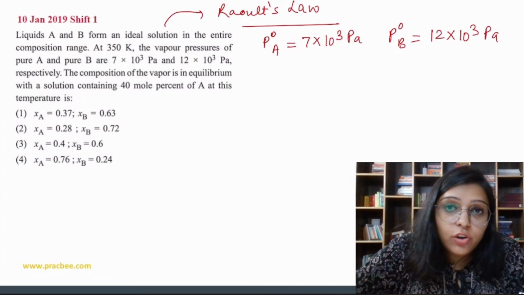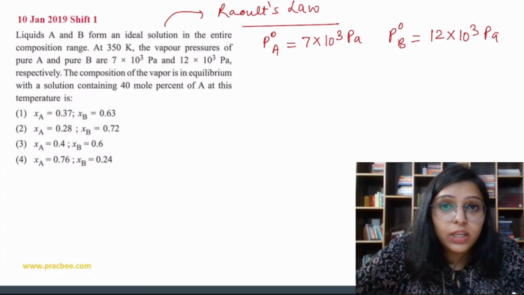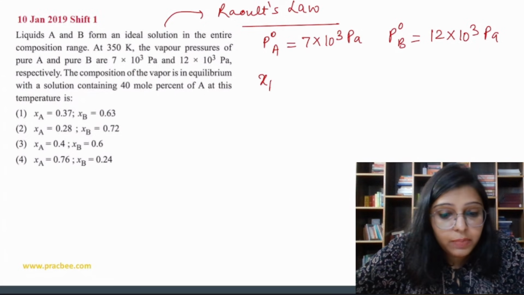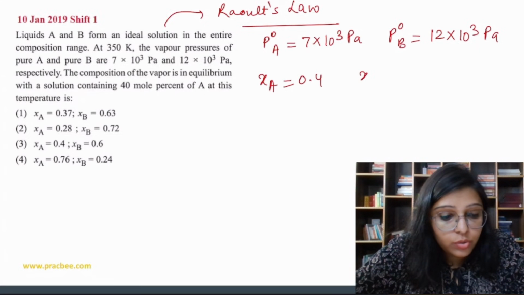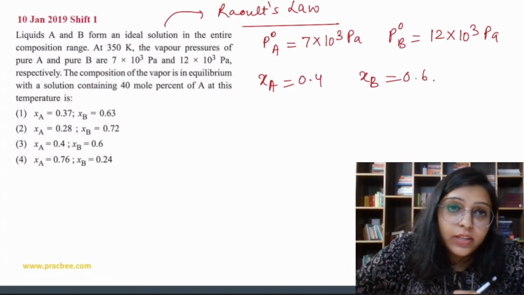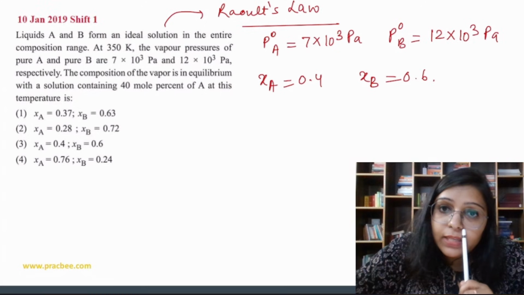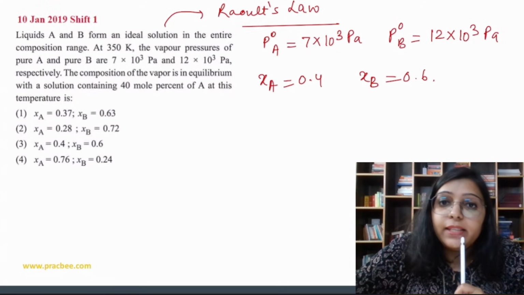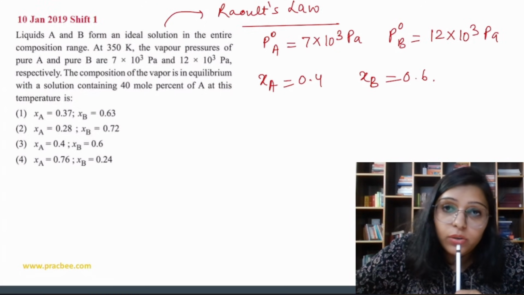The composition of the vapor is in equilibrium with a solution containing 40 mole percent of A. It means XA is 0.4. So XB is equal to 0.6. Right? XB is equal to 0.6.